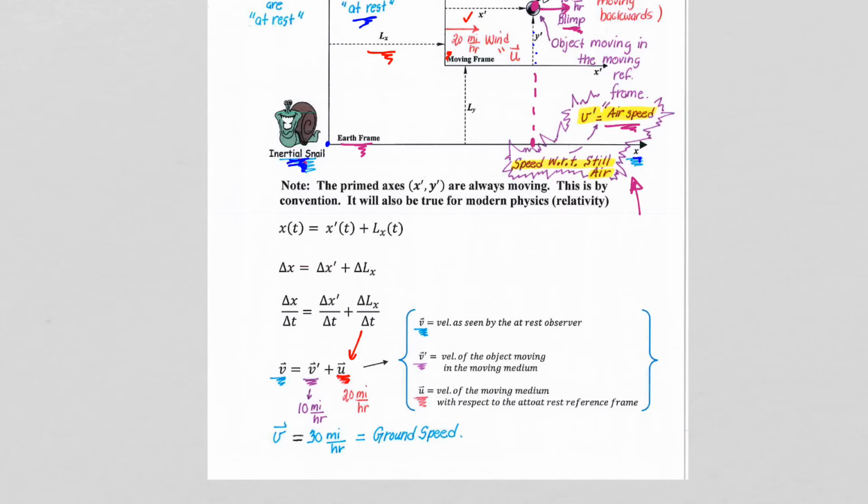So that's what the engines are doing with respect to still air. So this is the velocity of the object in the moving medium. The moving medium is the u vector, and v is always the vector as seen by the at-rest observer, and in the example we just used, if we have both the wind and the engines, we would see 30 miles per hour.